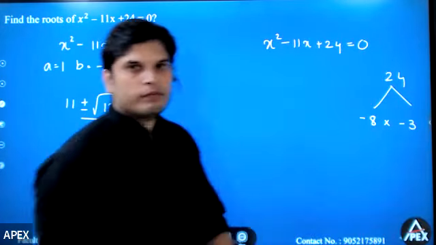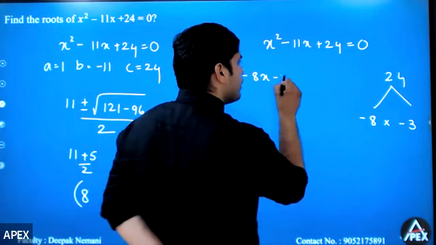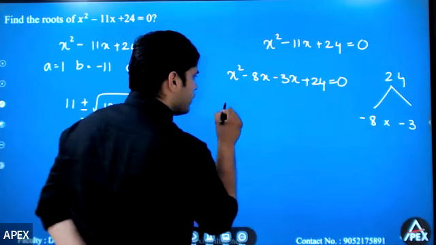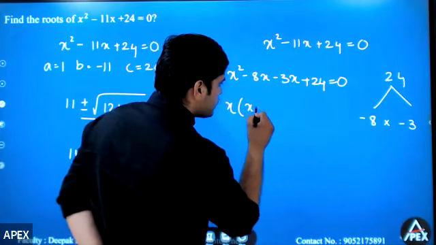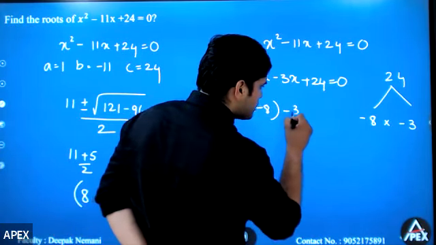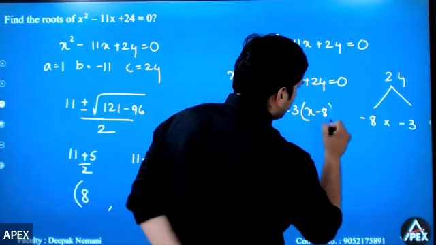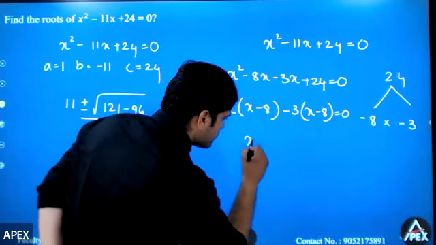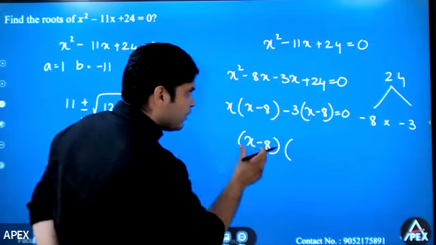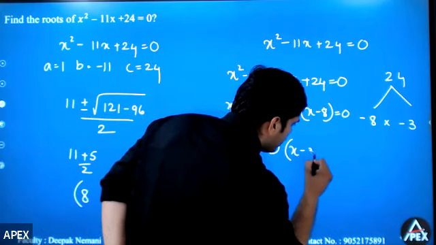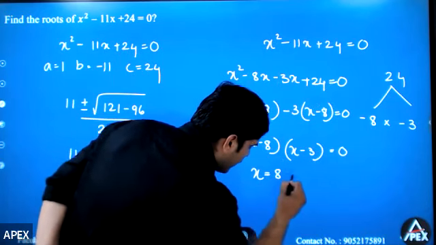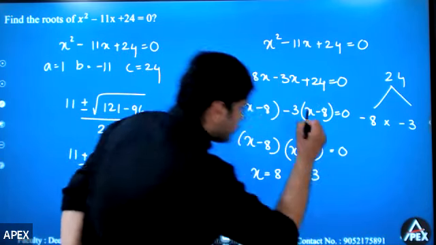So x square minus 8x minus 3x plus 24 is equal to 0. So I can take x common, x minus 8. I can take minus 3 common, x minus 8 is equal to 0. Now I can take x minus 8 common in these two terms. So it will be x minus 8 into x minus 3 is equal to 0. So the value of x should either be 8 or 3.